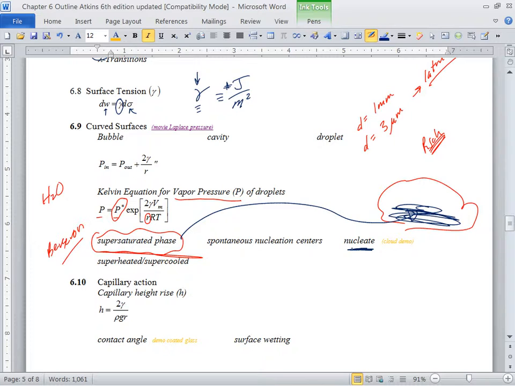Okay, so now you got your cloud. So the point of all of this is that inside every single raindrop, every single snowflake, every single little thing that's precipitation, is a nucleate, right? A little tiny particle of something.